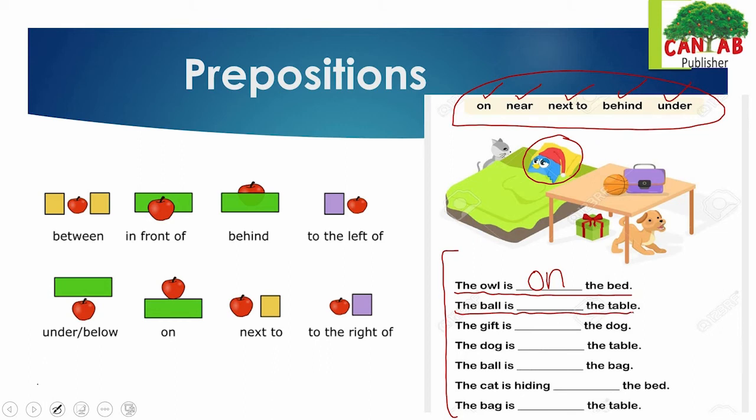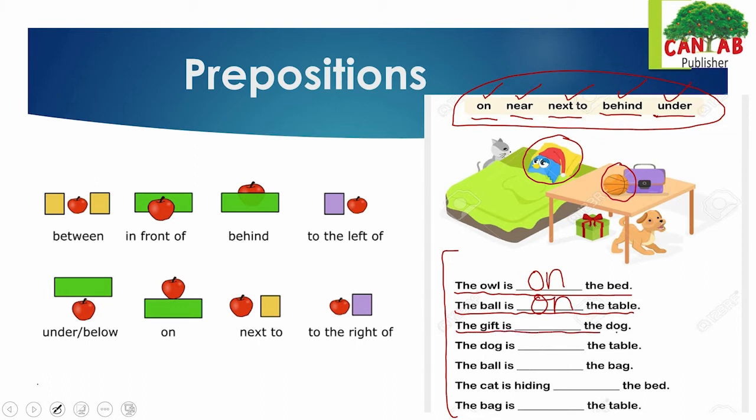Can you spot the ball in the picture? Right here. Now select the position and the correct preposition. Is it on, near, next to, behind, or under? It's on the table.